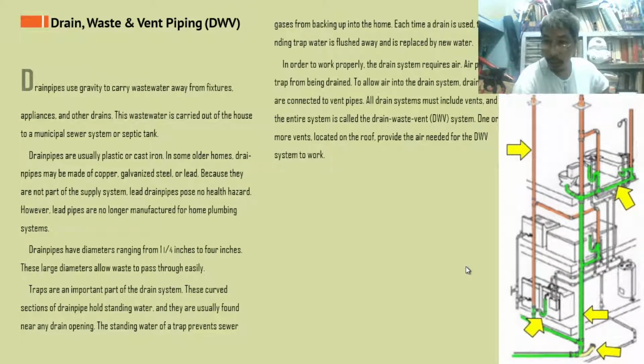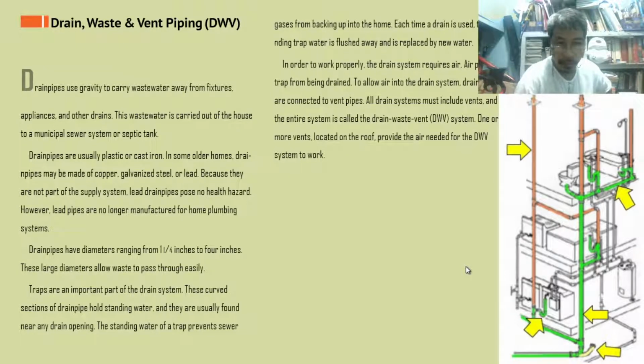The common sizes are 1/2 and 3/4, the most common sizes of water supply. But when we are talking of waste, we need more cross-sectional area. So 1 and 1/4 to 4. Usually, we are using 3 inches and 4 inches.